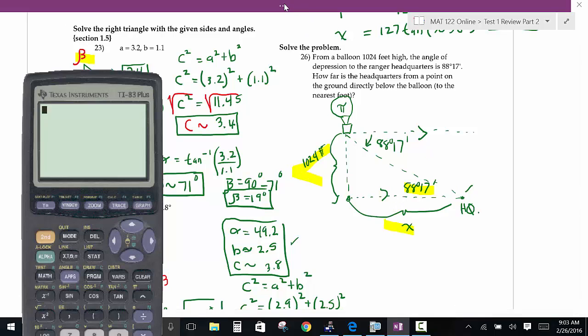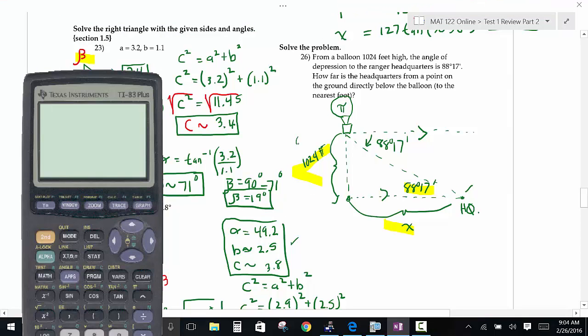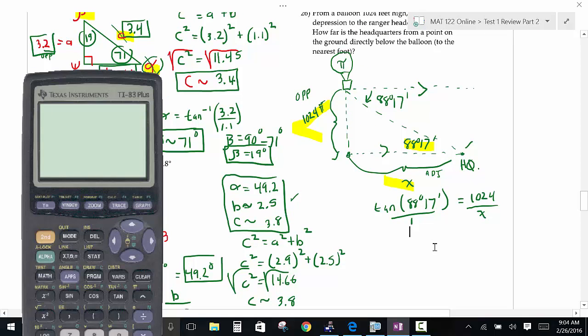So if you talk it out, again, what you have is a side opposite and a side adjacent. To solve the problem, you would say tangent of the angle, 88 degrees 17 minutes, is equal to side opposite, 1024 divided by x. Okay, so we'd have to cross multiply this.